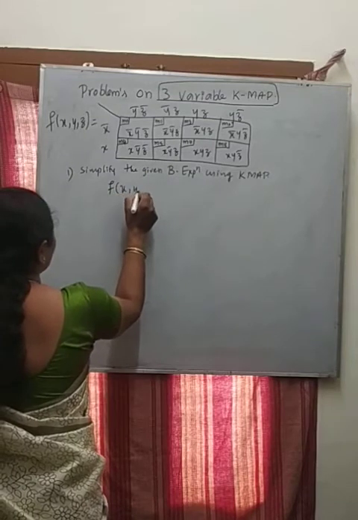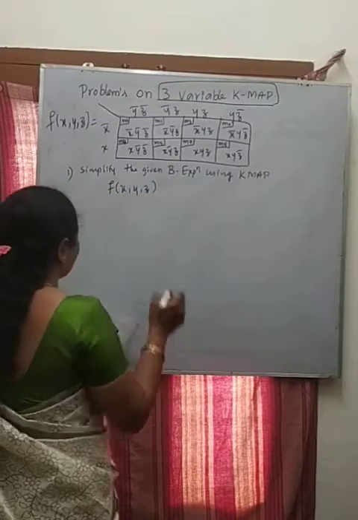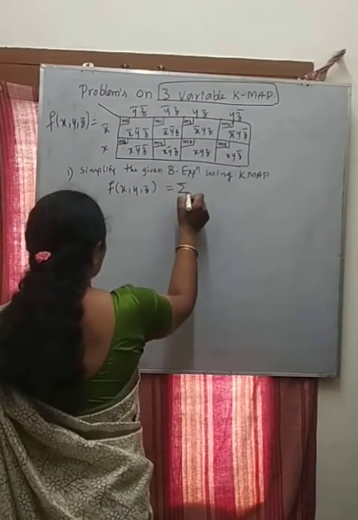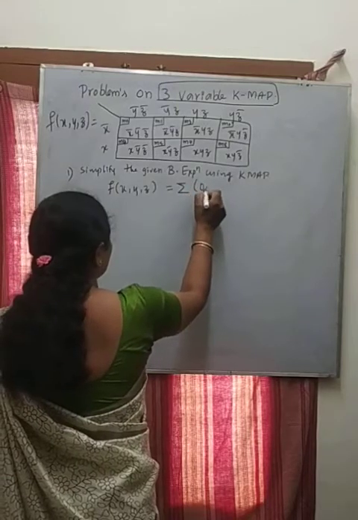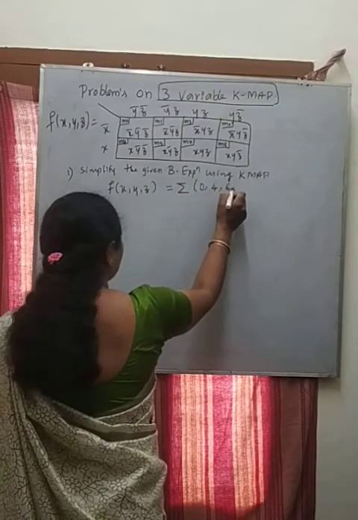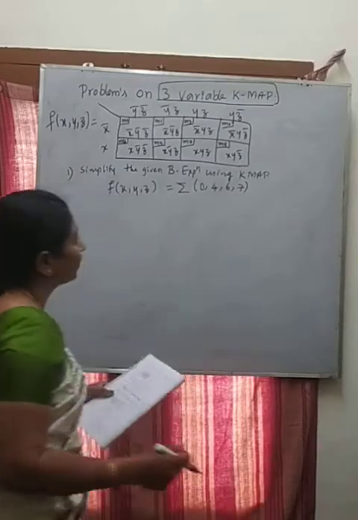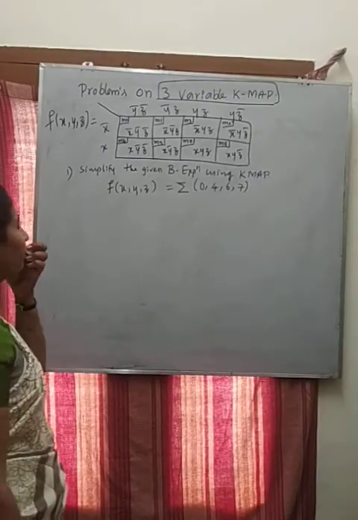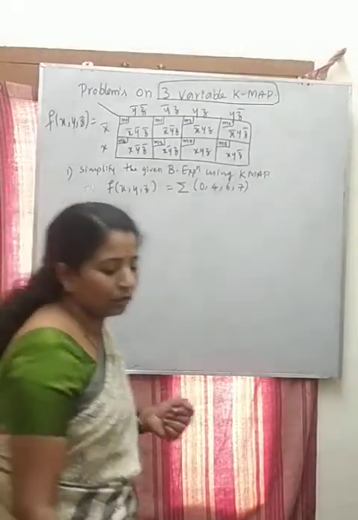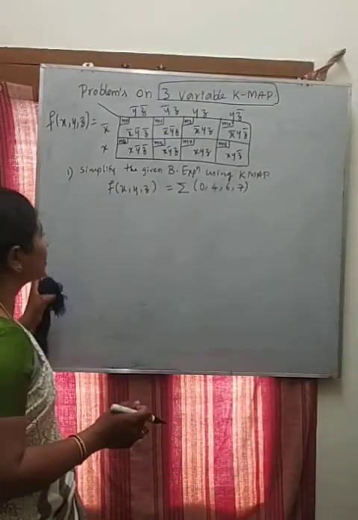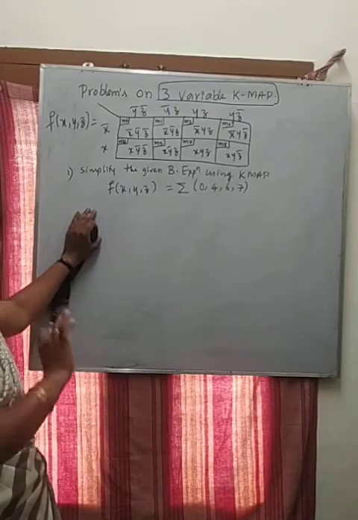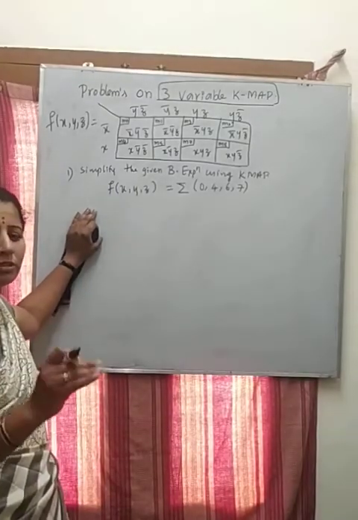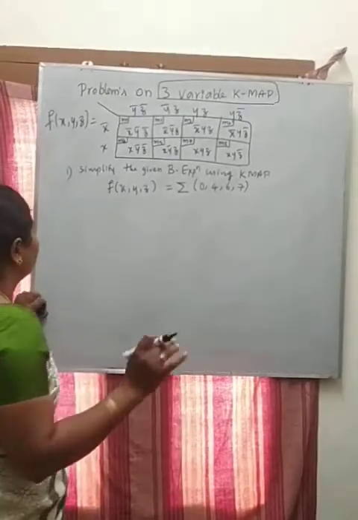F of x, y, z equal to sigma 0, 4, 6, 7. So this is the one expression they have given here. We need to simplify the given Boolean expression using KMAP without any Boolean theorems, without any De Morgan's theorem.